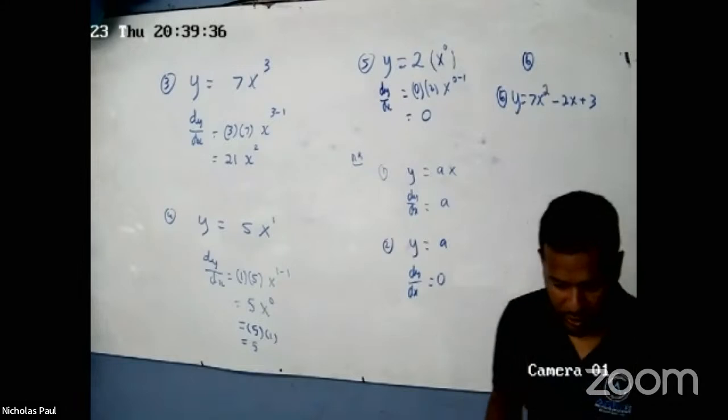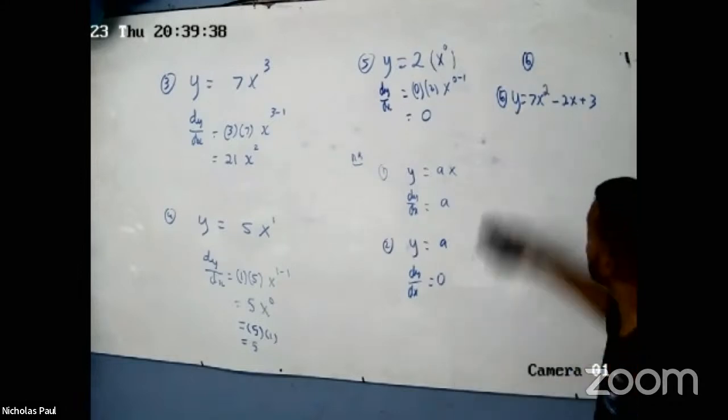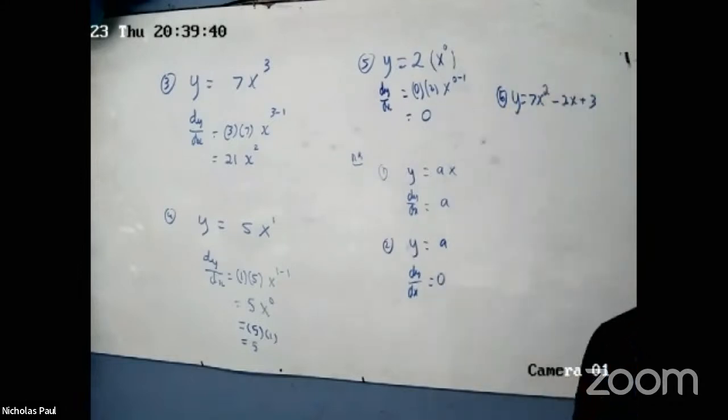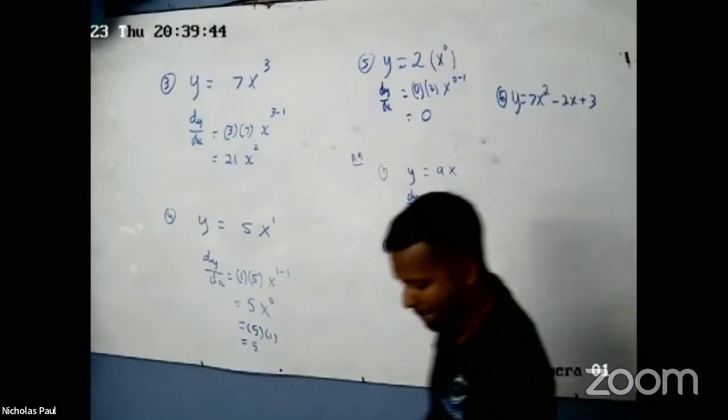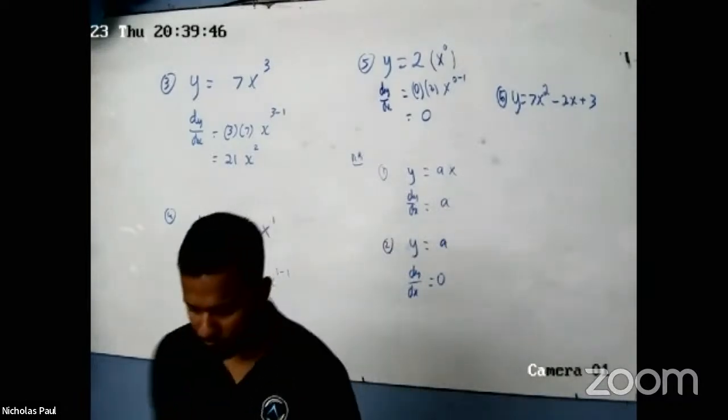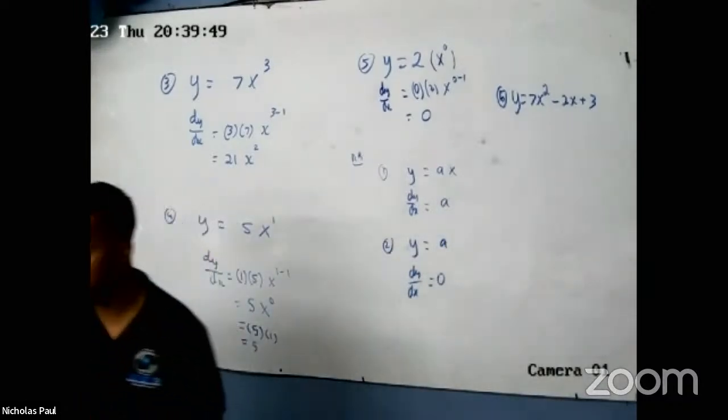Let's see if we can differentiate number 6. Put it all together: 7x squared minus 2x plus 3. Message your answers online. Avani, you too.